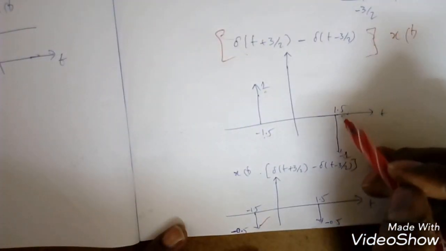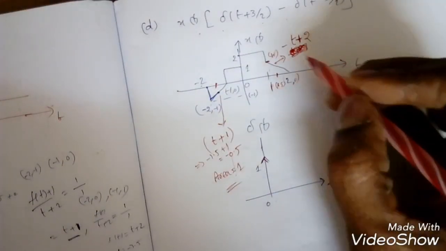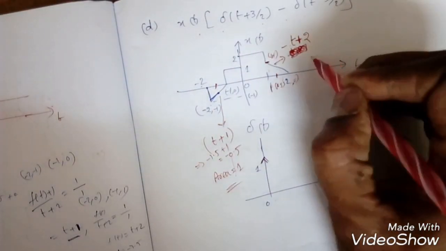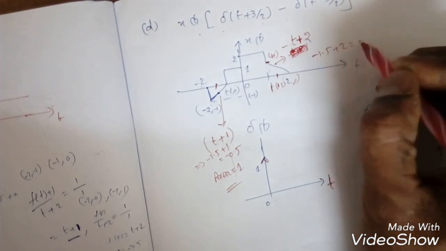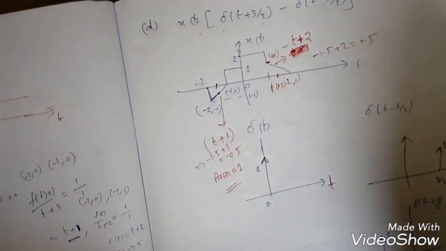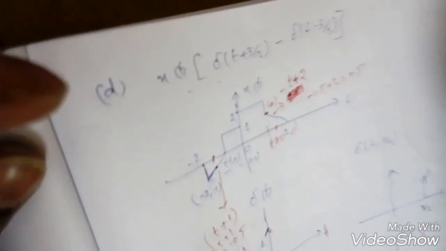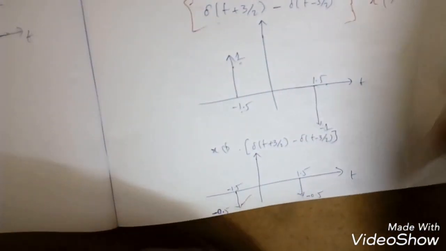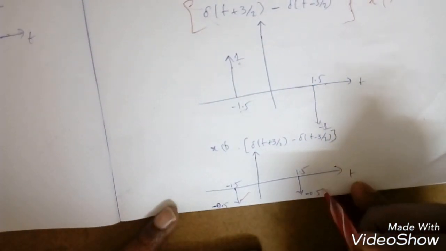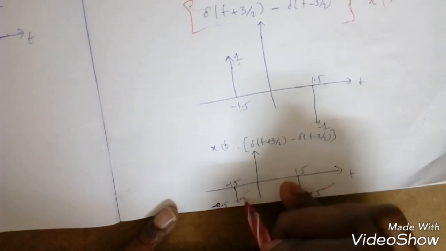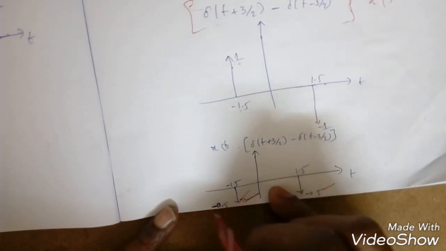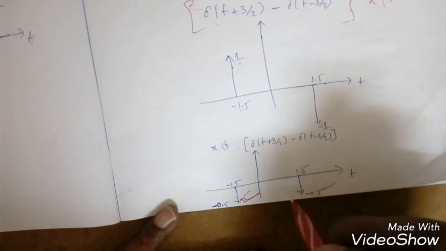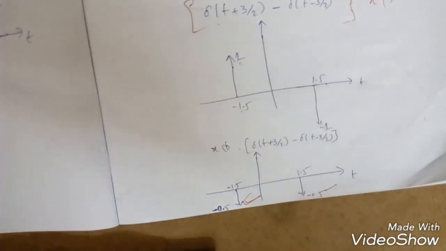Similarly at 1.5 we got minus 1 here, but if we see minus t plus 2, at t equal to 1.5, minus 1.5 plus 2 we'll get 0.5, right? 0.5 into minus 1, so we'll get minus 0.5. So the final answer is at 1.5 we'll get minus 0.5, similarly at minus 1.5 we'll get minus 0.5 as the area, or we can say amplitude also.